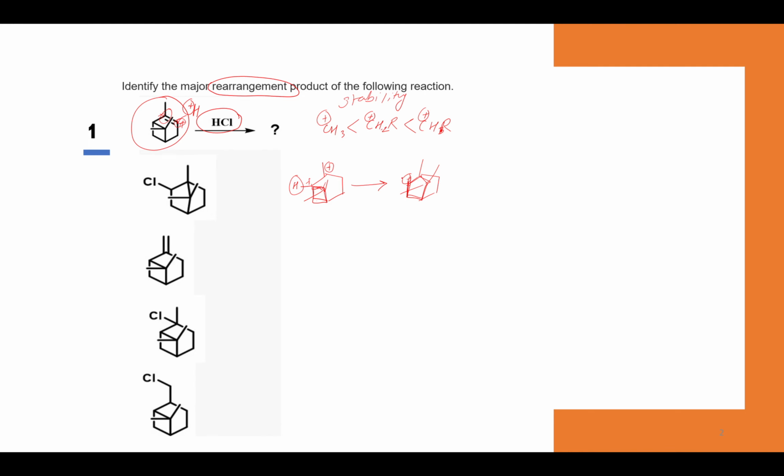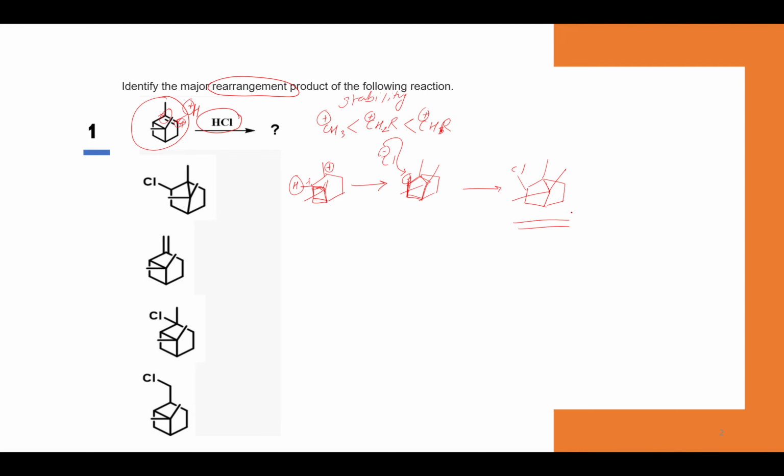After this, the chloride will trap this carbocation to give the alpha substituted chloride.